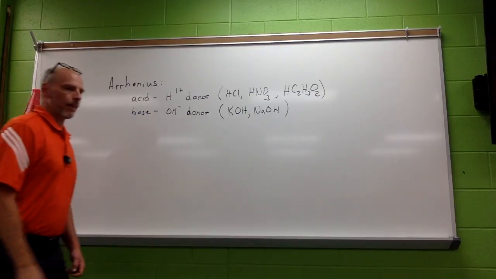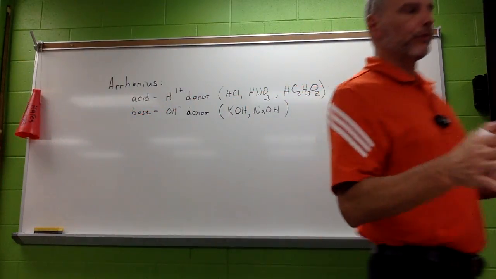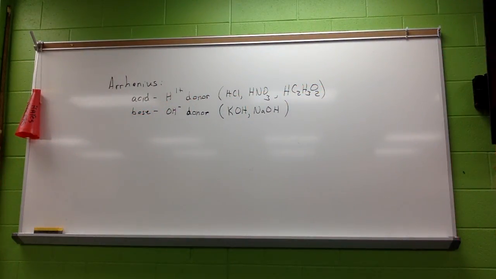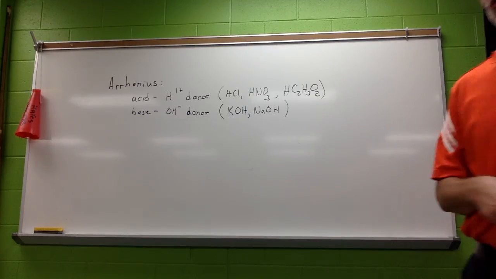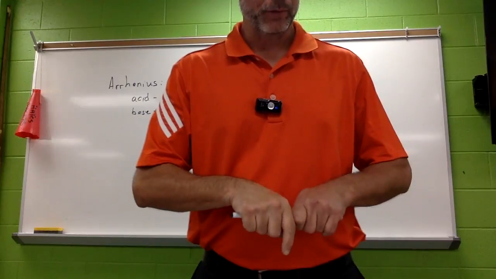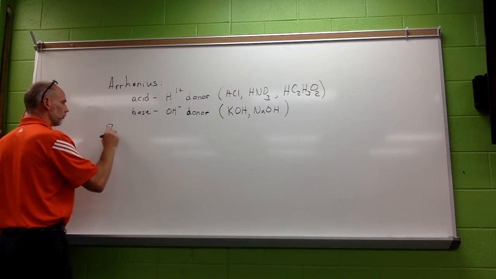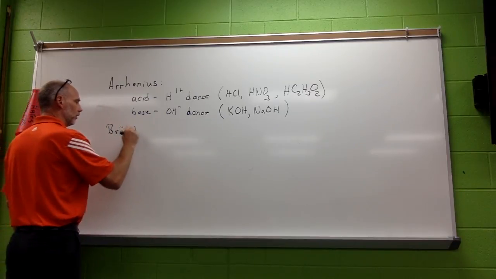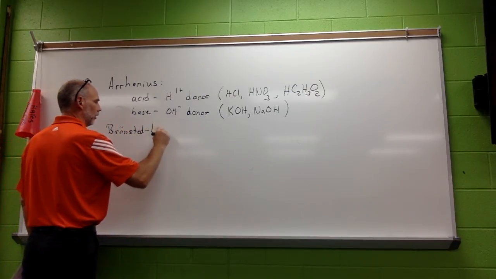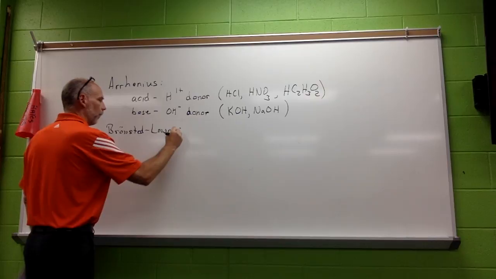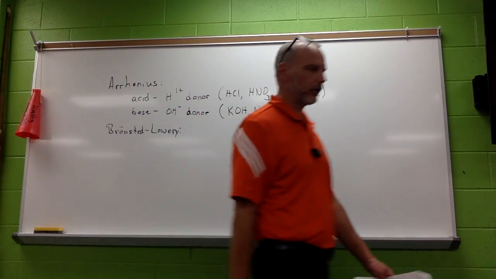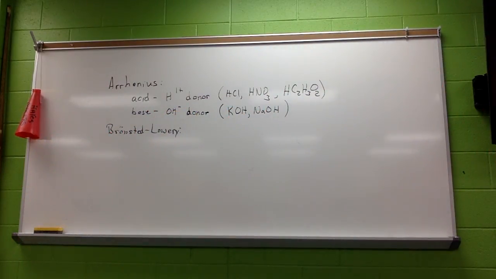All right. You've really only known the Arrhenius theory of acid-base up to this point in your life. So now we're going to introduce, actually I introduced a couple days ago, the next one. Turns out two gentlemen essentially simultaneously came up with this theory, so they named it after both of them.